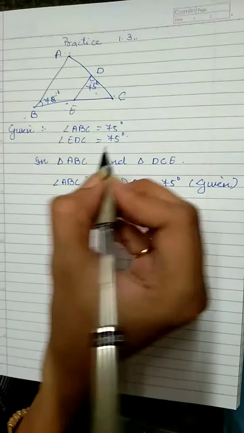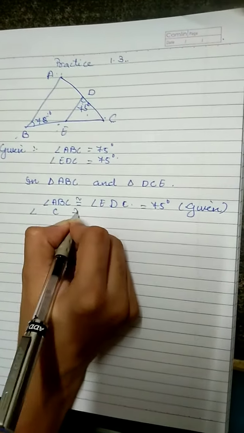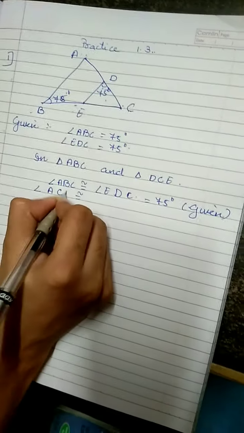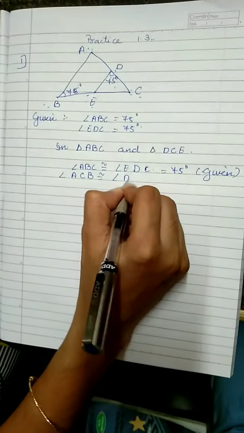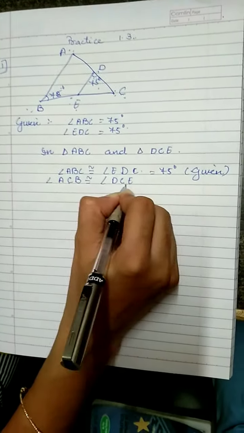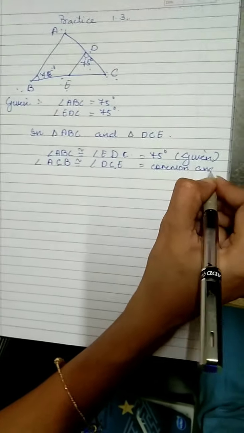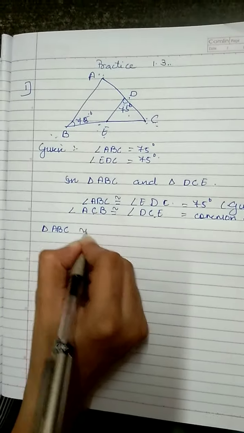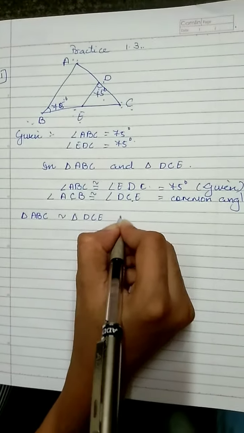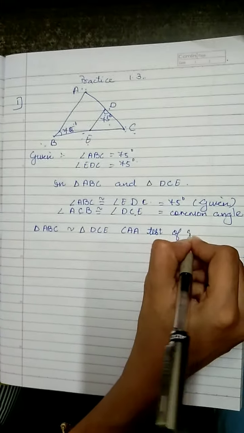Next, angle C is common angle, that is angle ACB is congruent to angle DCE. In the middle, angle C is common angle. Now two angles are congruent, therefore triangle ABC is similar to triangle DCE by AA test of similarity.